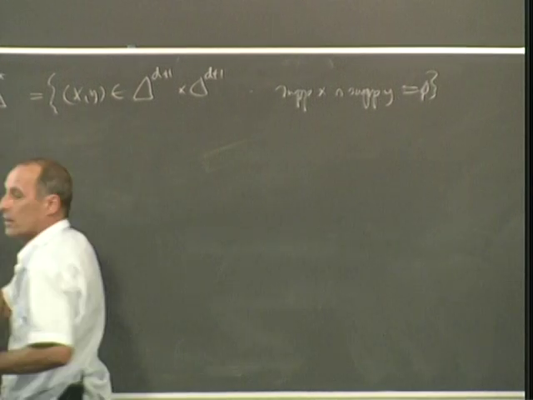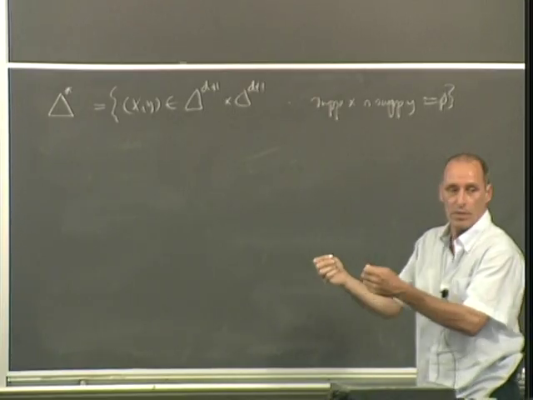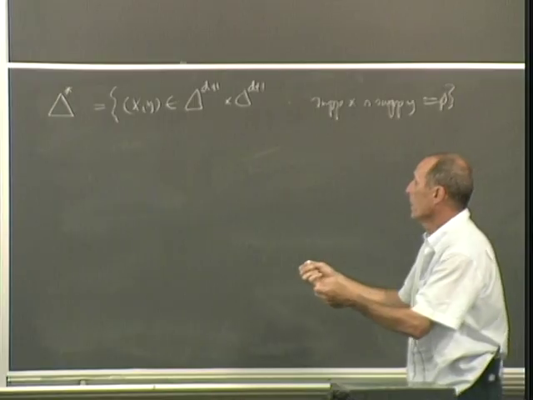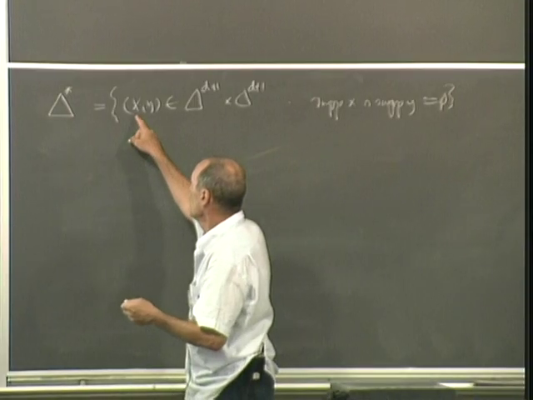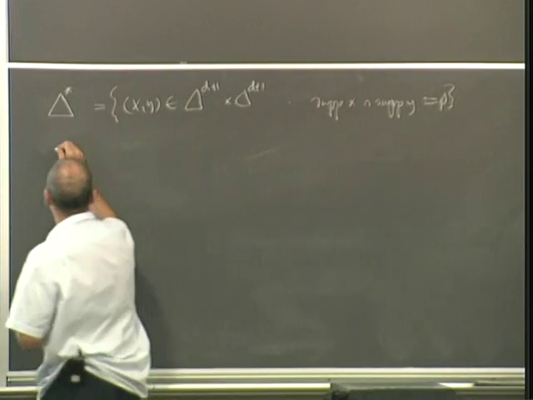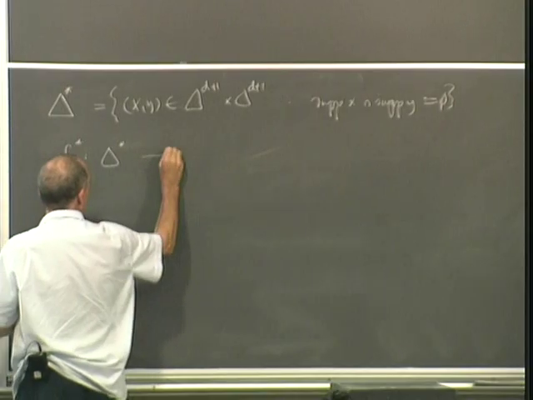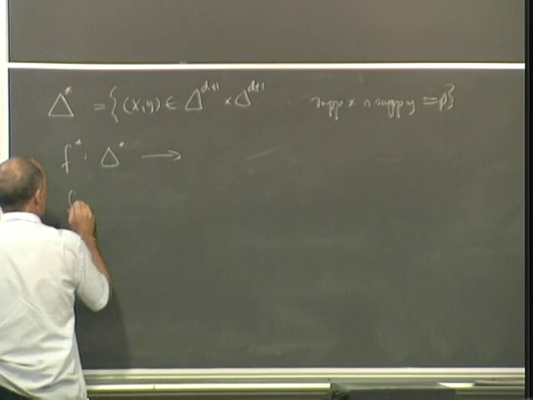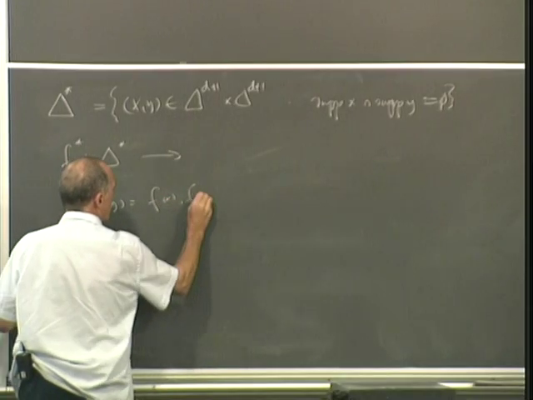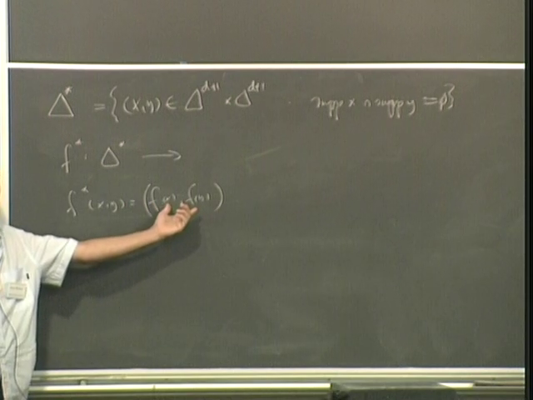So this is my phase space, which I denote by Delta star, because I want to find a point in it that is mapped onto the same point. This is my target. I want to find a point from this space so that f(x) and f(y) coincide. So I define a mapping, which I call f star, from Delta star to some space. On a pair, it is very trivial: f star of (x, y) is the pair (f(x), f(y)). And I want to see whether this pair coincides or not.